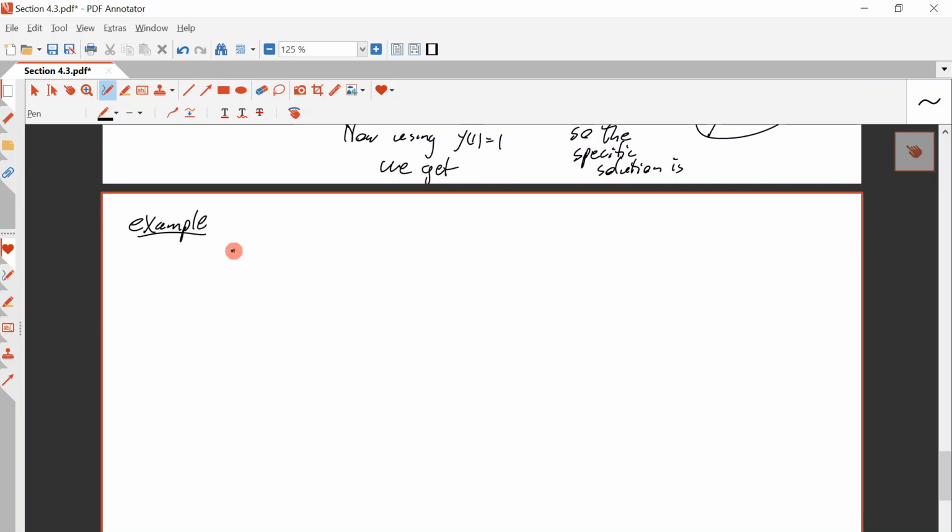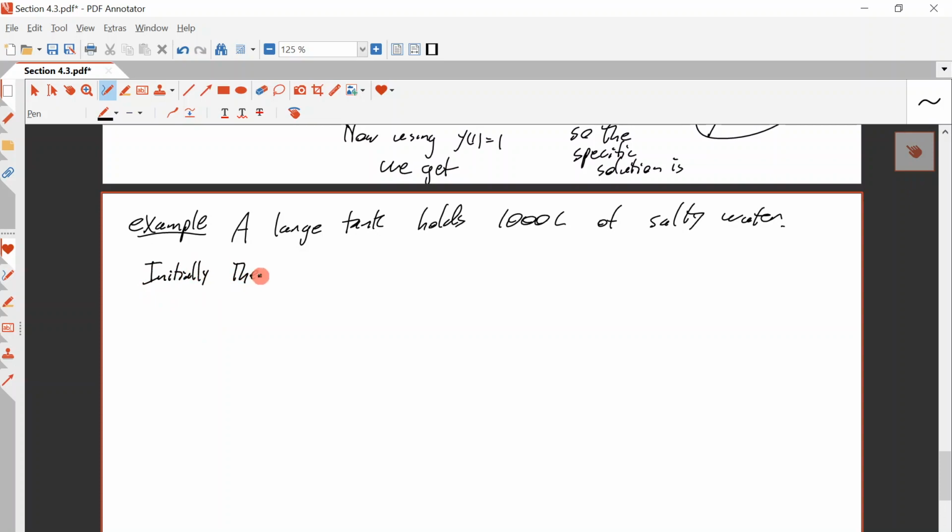So we've got a large tank that holds 1,000 liters of salty water. Initially, there is 15 kilograms of salt dissolved into the water.